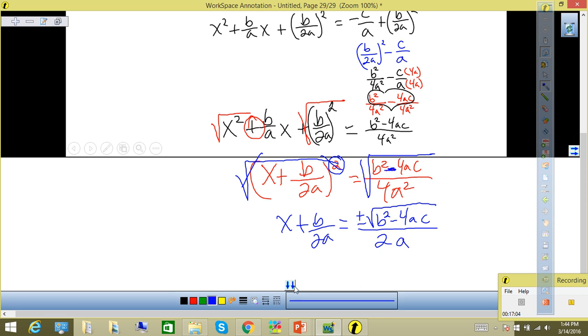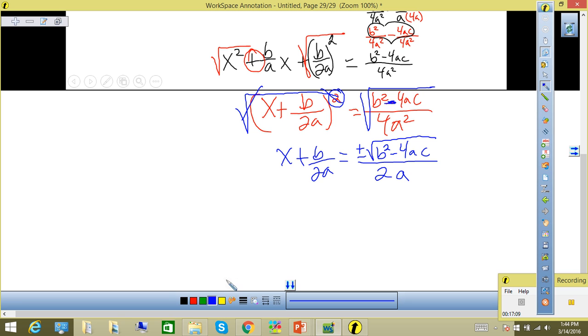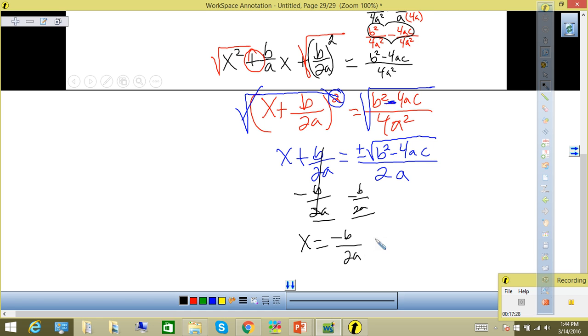And then what do we do here to solve for x, everyone? Subtract b over 2a. We ended up with x equals negative b over 2a, and then the other fraction is plus minus square root of b squared minus 4ac over 2a.